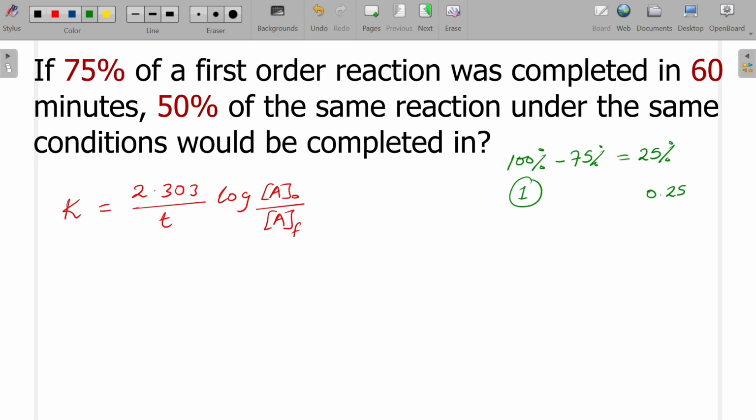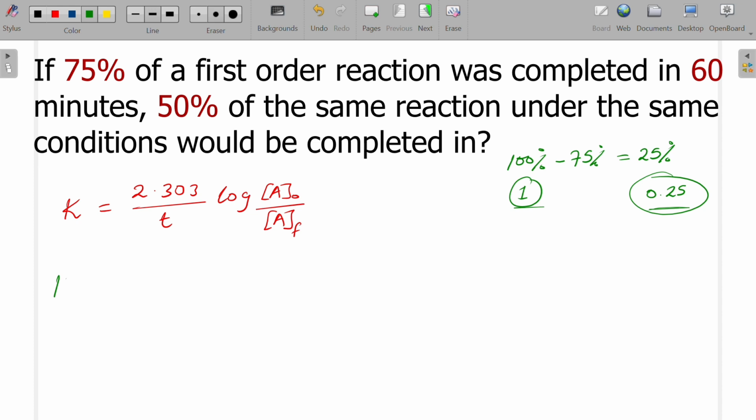So the amount that will remain after 75% has been used is 25%, and that is what we are representing as 0.25, and the 100% is what we're representing as 1. So after doing that, you come back to your formula and replace.